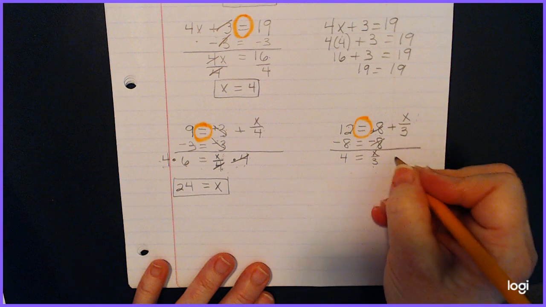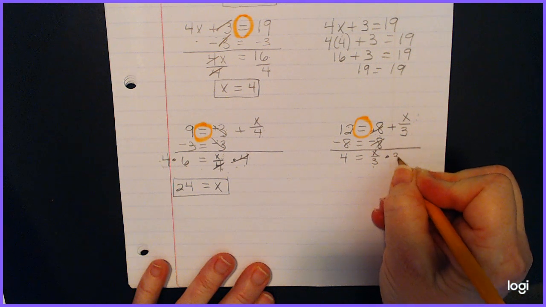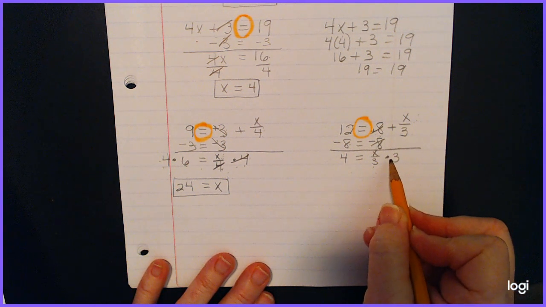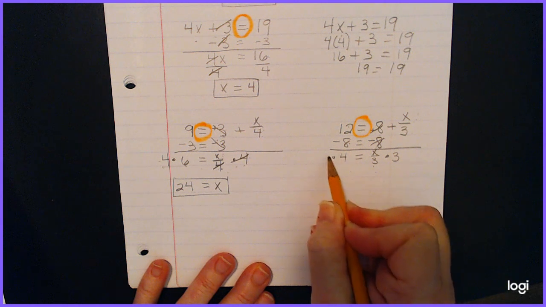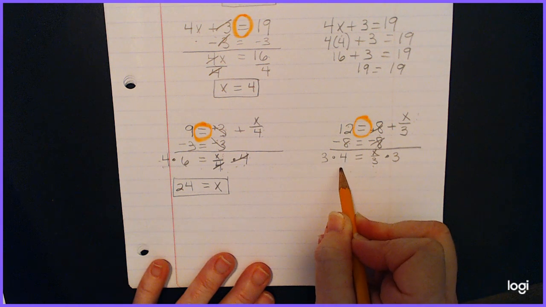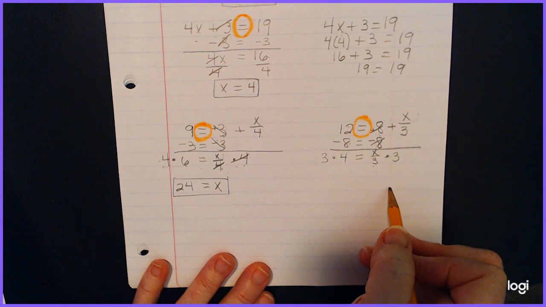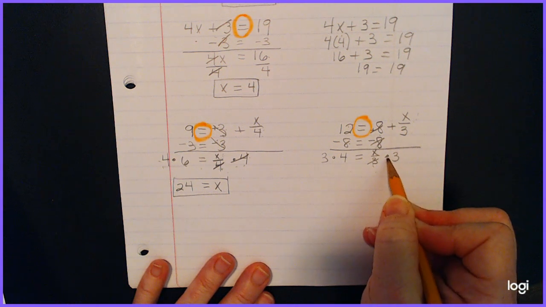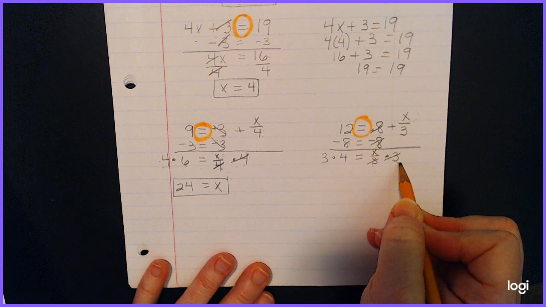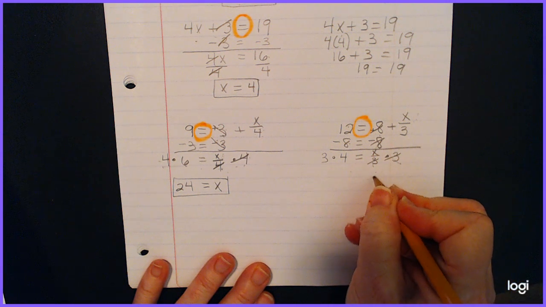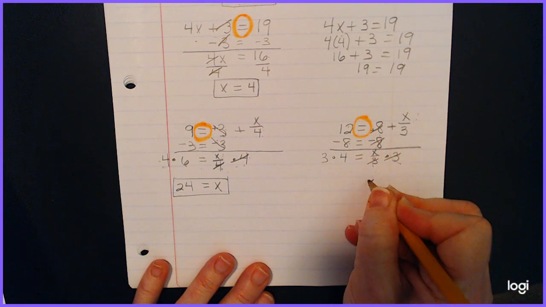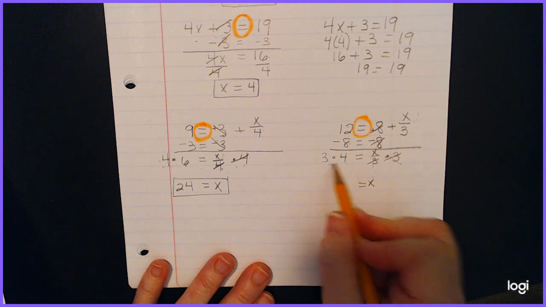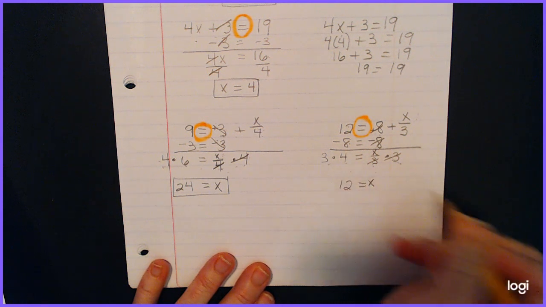Opposite of dividing by 3 would be multiply by 3 on this side and multiply by 3 on this side. Dividing by 3 and multiplying by 3 are opposites, so they cancel each other out. What's left over here looks like it's the letter x, and 4 times 3 is 12.